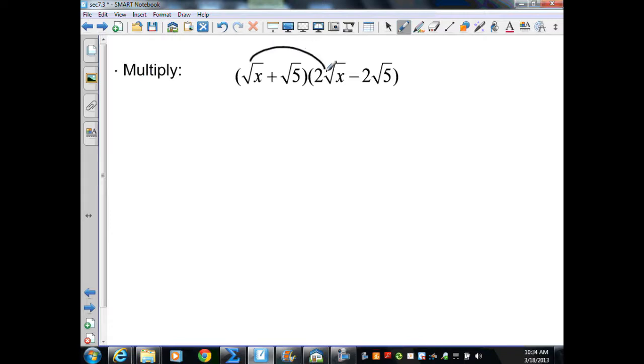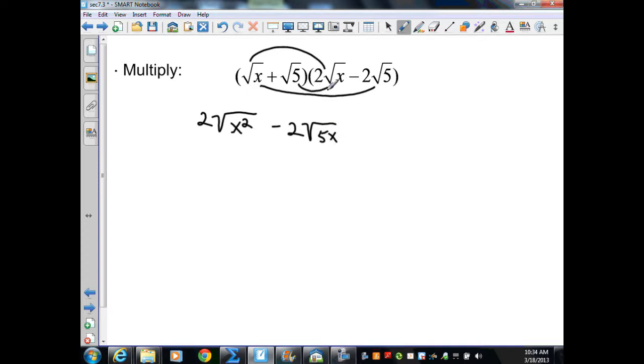Again, on our next example, we want to use the FOIL method. So my first term when I multiply is going to be 2 square roots of x squared. My outer term, a negative 2 square roots of 5x.